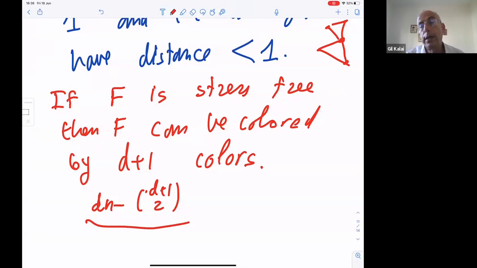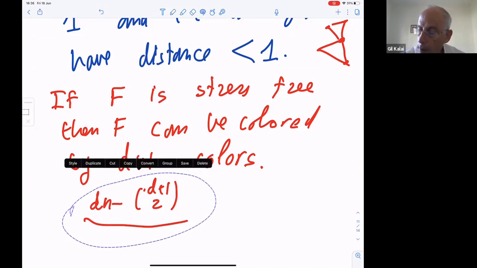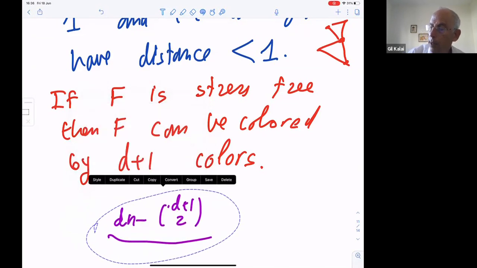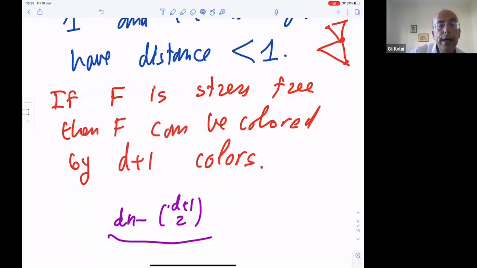So here we don't have an exponential number of colors needed, but the task is to improve this 2d. Let me change this color. I learned to do it only today. I'm very proud of myself.